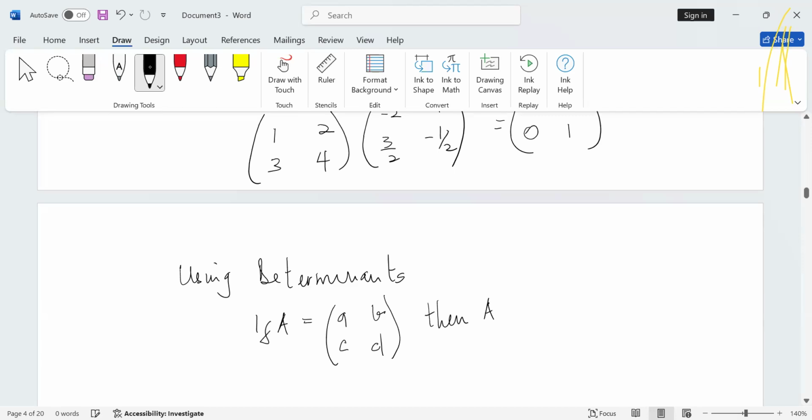The determinant of A is equal to AD minus BC.